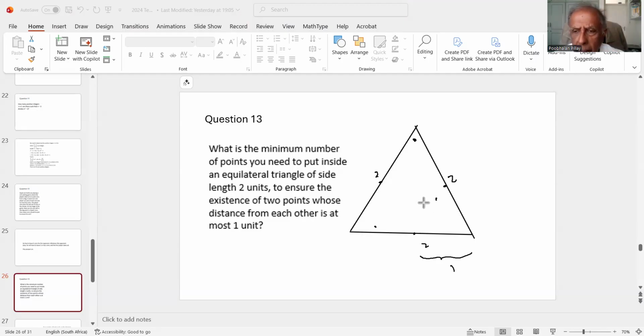You can see the fourth point is going to be a little bit difficult to find here. But let's just join these.